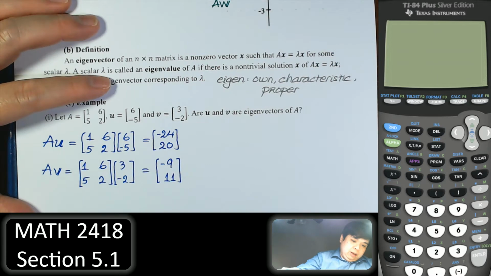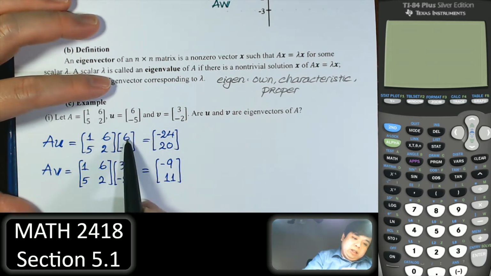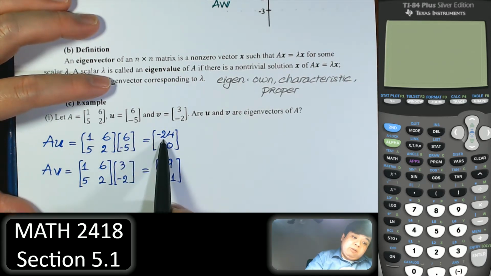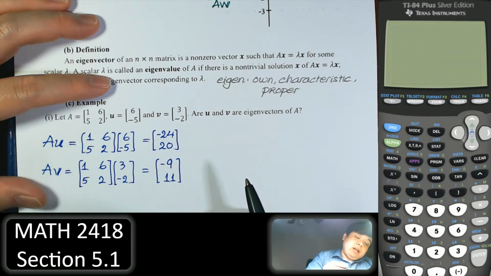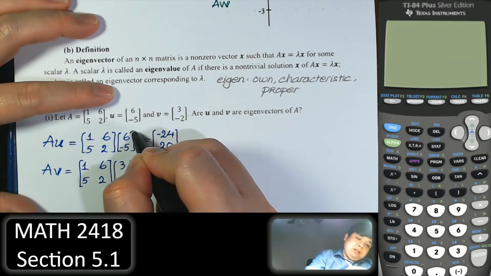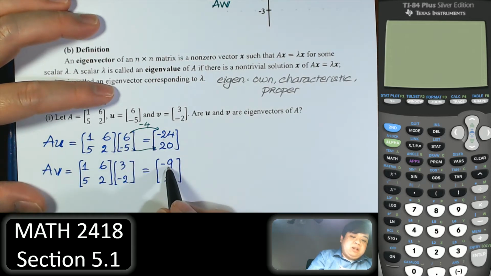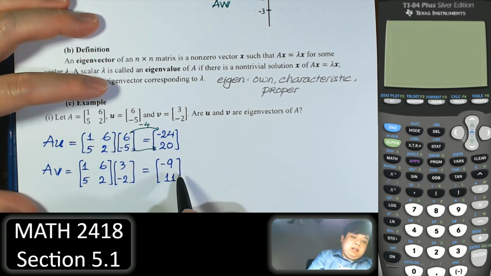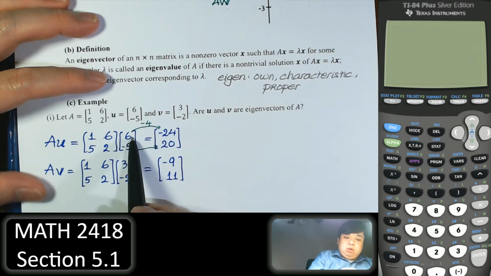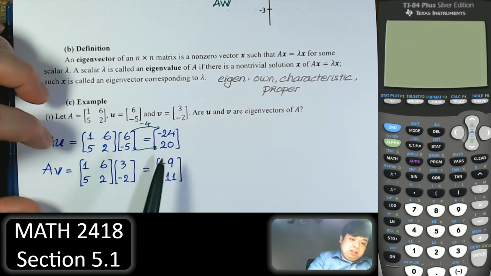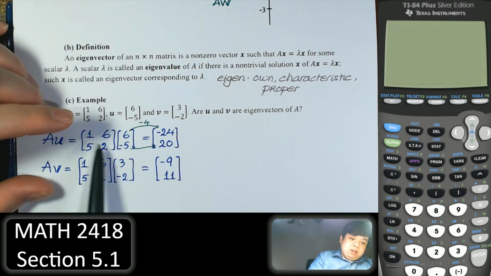Right. So in here we see that if we multiply by -4 and multiply by -4, that will work. And here 3 times -9, and this is not. So here there's a number that multiplies the vector, that scales the vector into what we get when we multiply by the matrix.